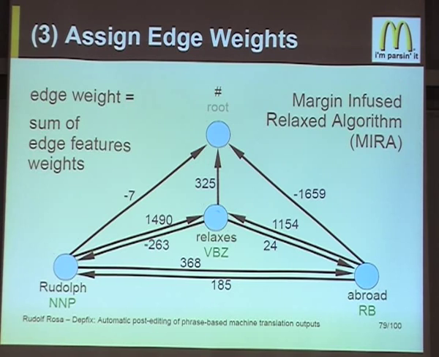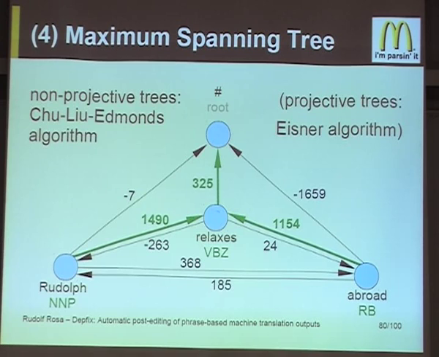And all these scores are summed together, and then we just need to find the maximum spanning tree, which means a tree that has a maximum total score. Fortunately, there are already algorithms for that. For non-projective directed trees, it's the Chu-Liu-Edmonds algorithm.